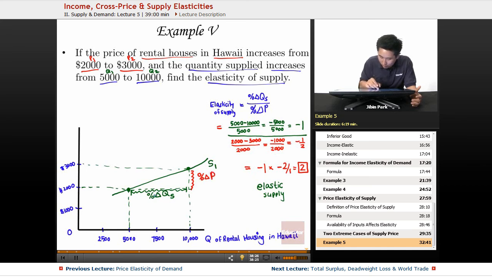So this quantity, which is on the numerator, is going to be greater than the percent change in price, which is the denominator. And that's why you have something that is elastic. It's very price sensitive. So homeowners in Hawaii, before they want to rent out their houses, are going to check out the prices. So that's the example of elastic supply.